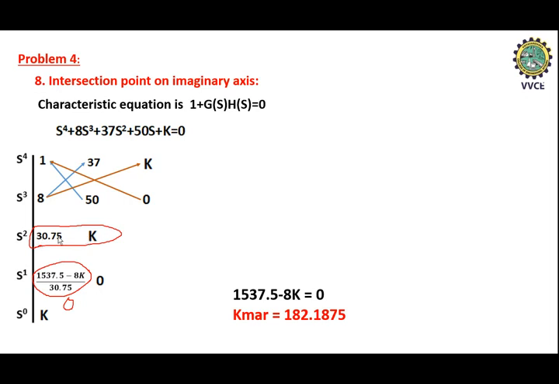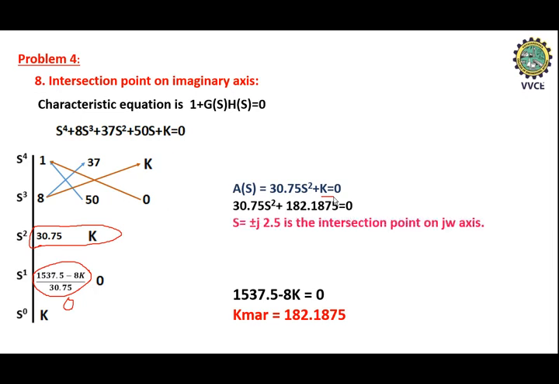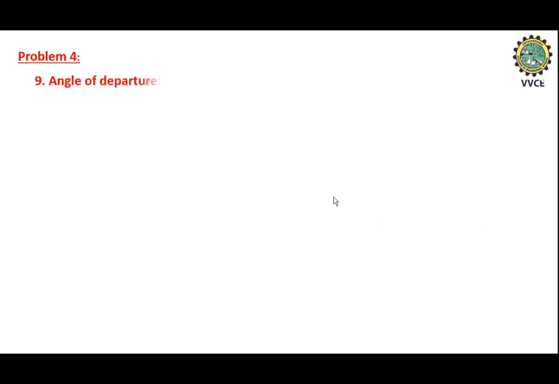So 30.75 s^2 plus k equal to 0. That will be the auxiliary equation. Now substitute k equal to 182 in place of k. Next find s, that is, the roots. We'll get 2 roots: s is equal to plus or minus 2.5j. This is the intersection point on the j omega axis.